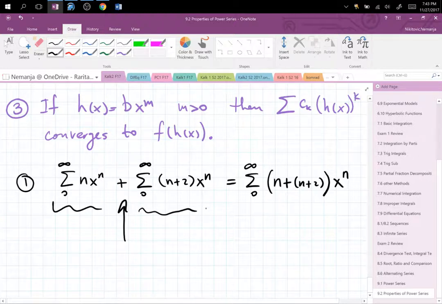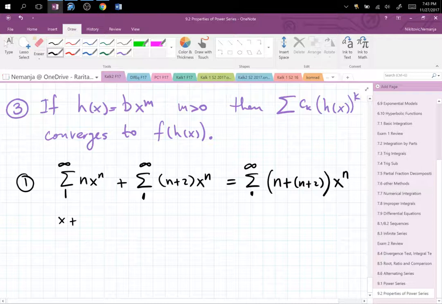Now, what's happening here is that, actually, let's start this one at 1. Start at 1. So now, if you think about this, you have x, and then 2x squared plus 3x cubed plus 4x to the 4th.